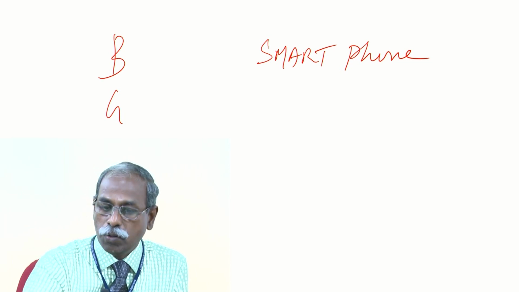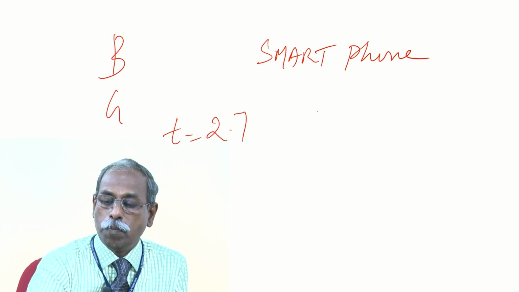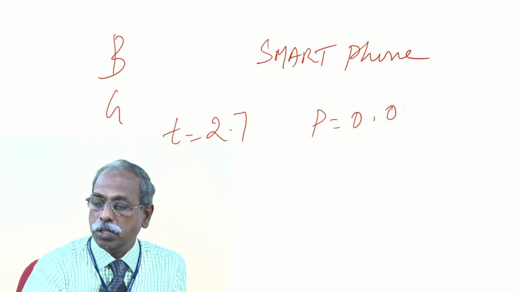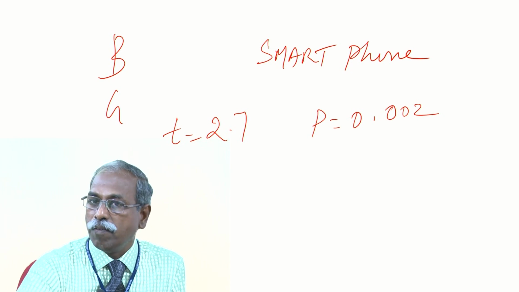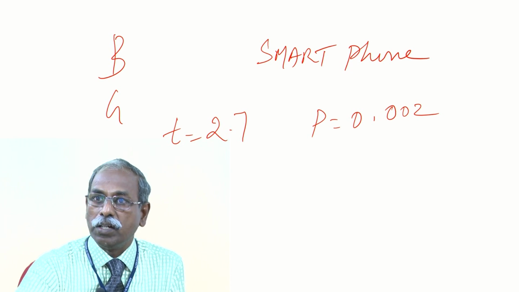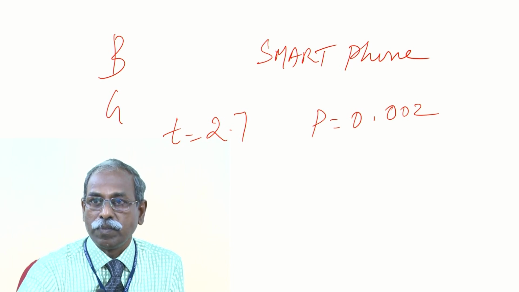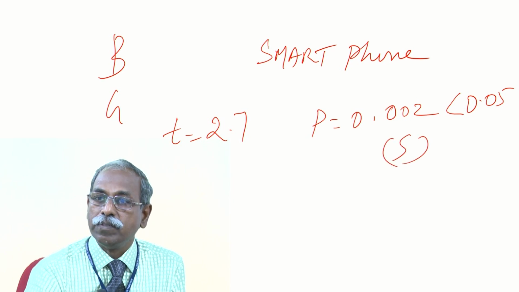Assume that your calculated t value is 2.7 and your p value is 0.02. When you consider this p value, definitely it is less than 0.05. This is called significant.